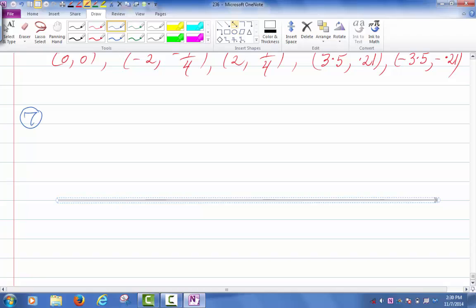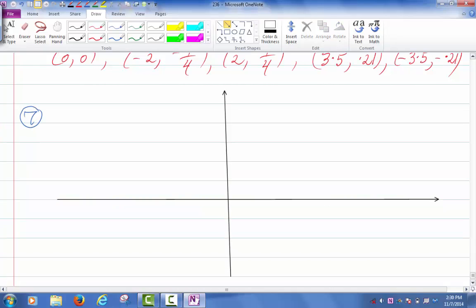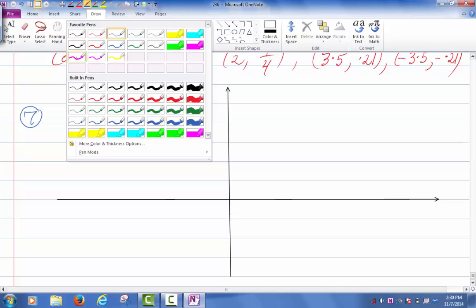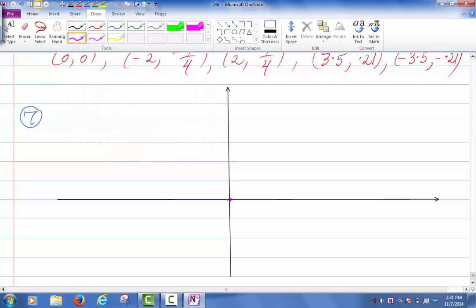We need the y-axis. Okay, let's plot the points. I'm going to use maybe magenta for the points. So I have a point at 0, 0. That's pretty easy to do. And I have to pick some scale, I guess.